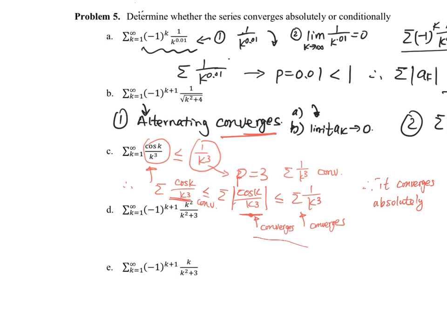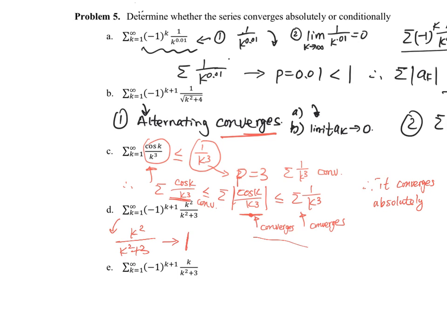So far we've gone through a couple of examples that show you both conditional and absolute convergence. Now, really, that's pretty much it. But let's take a look at the next one. Quickly skimming through, you can see that the limit is approaching 1.